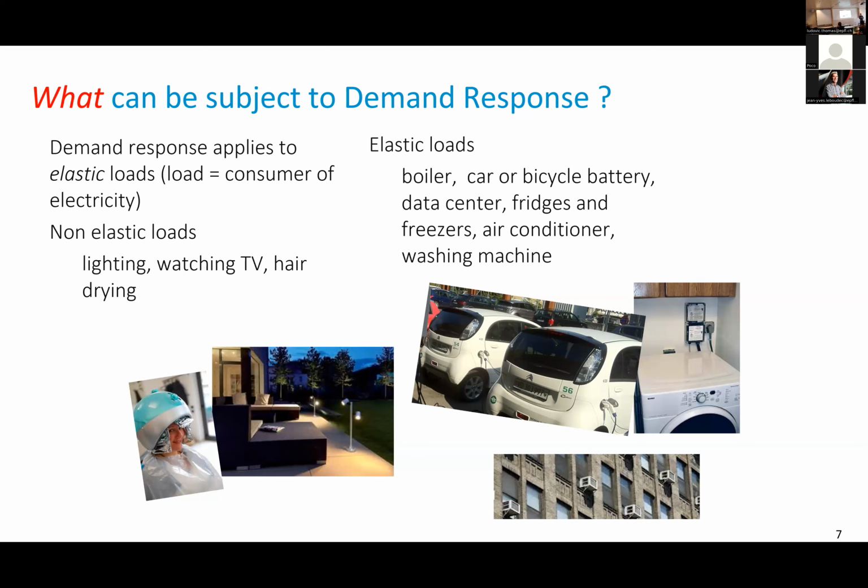And the same is true for the heating system. We've seen that the heat pump of David MacKay could be used to have some flexibility, at least over some limited time scale. Fridges and freezers, thermal centers, data centers have even more flexibility.